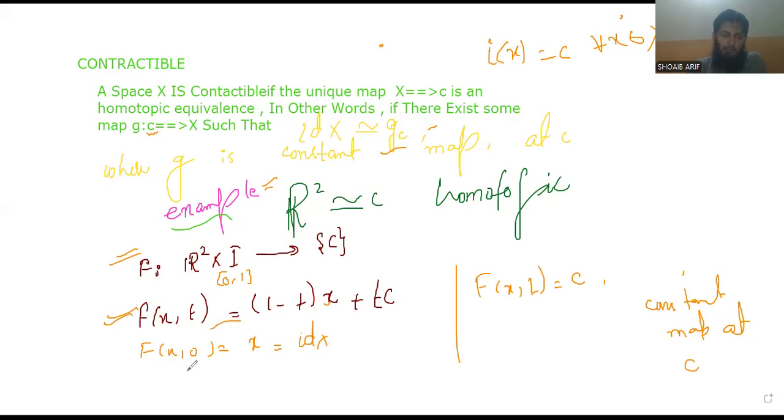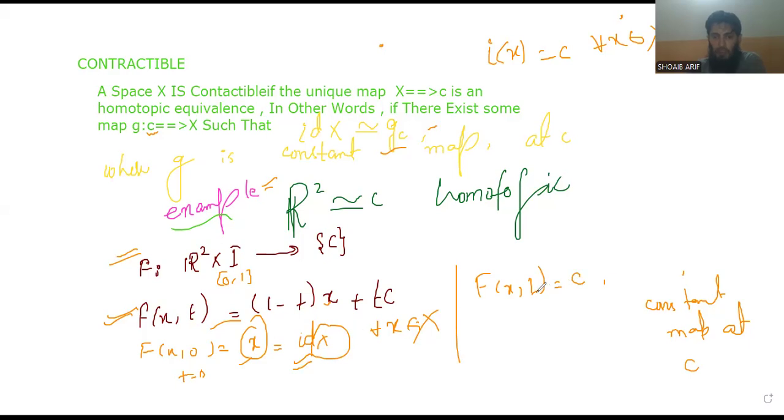So if we substitute t equal to 0, we will get x, for all x belonging to R2. If we substitute t equal to 0, we get x, which means this is the identity map on R2.